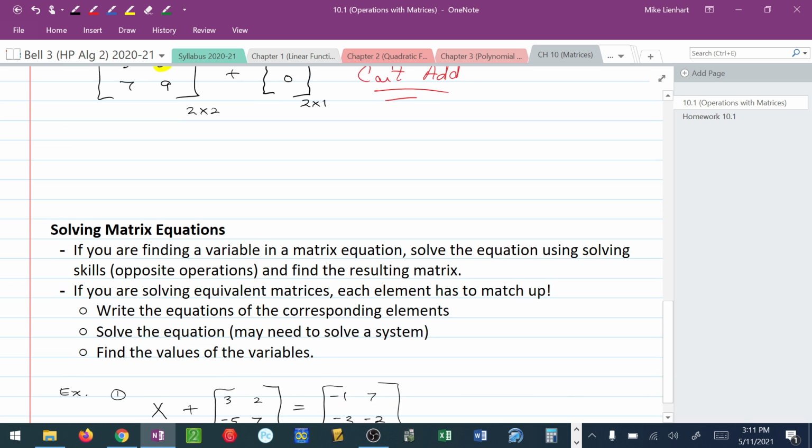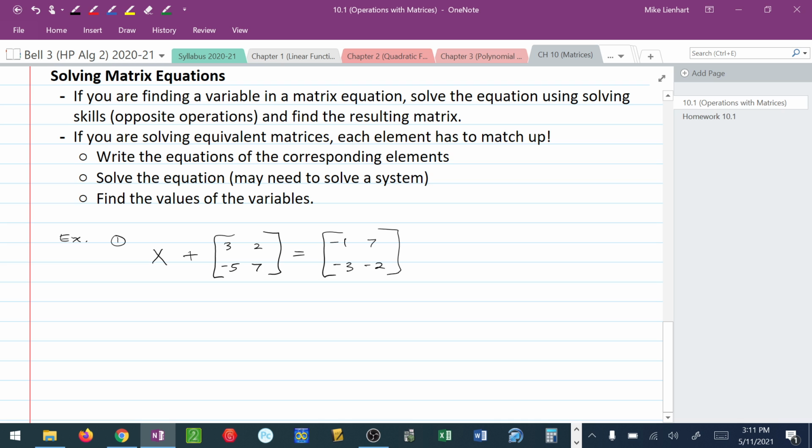All right? The last thing that we're going to do is what is called solving matrix equations. Now, there's 2 different kinds of matrix equations. One of the matrix equations would be literally implementing our idea of addition, subtraction of matrices in order to find a new matrix which they're going to define with the variable x.